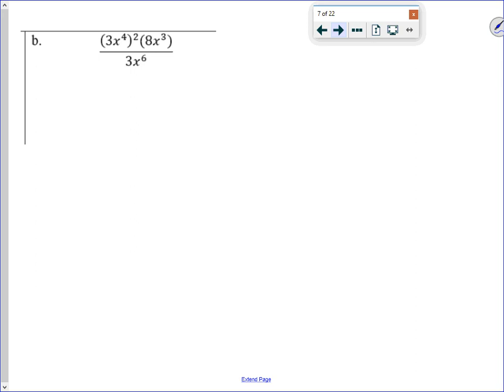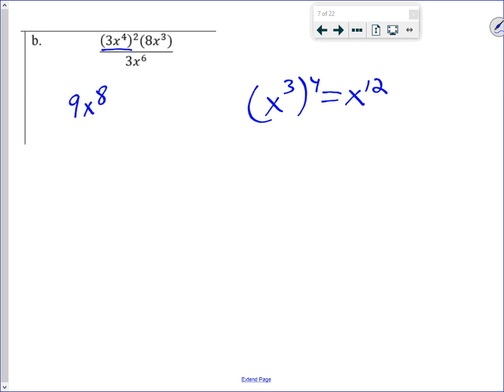Once again, if we raise an exponent to a power, like x to the 3rd to the 4th power, we're not multiplying bases, we're raising a power to a power, so you multiply the exponents. So up here, this is going to be 9x to the 8th, because we have to square the 3 as well, times 8x cubed all over 3x to the 6th.